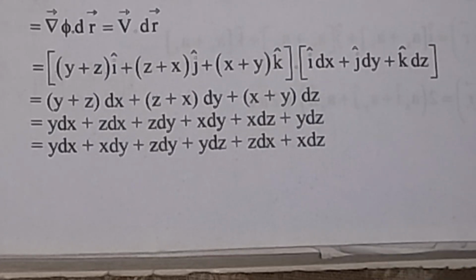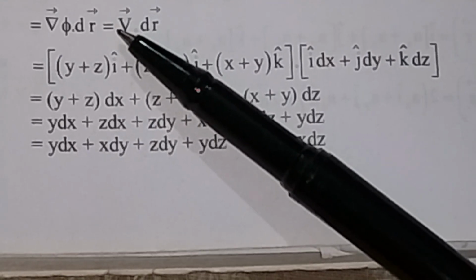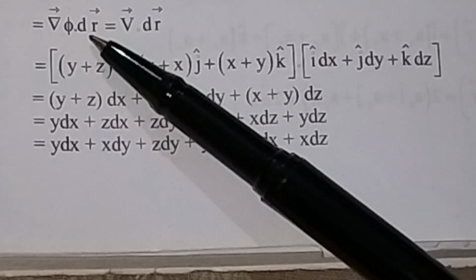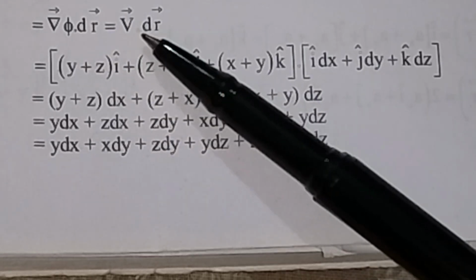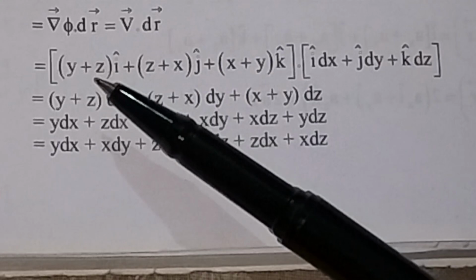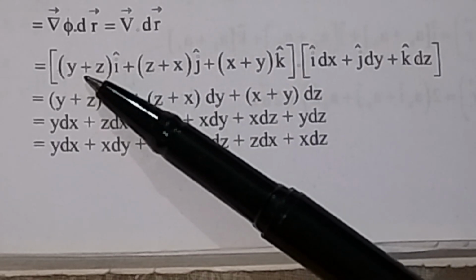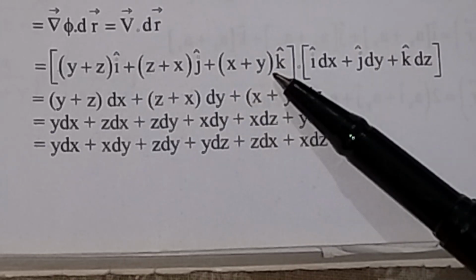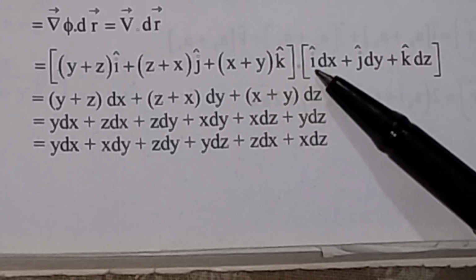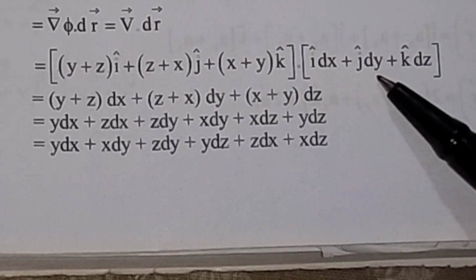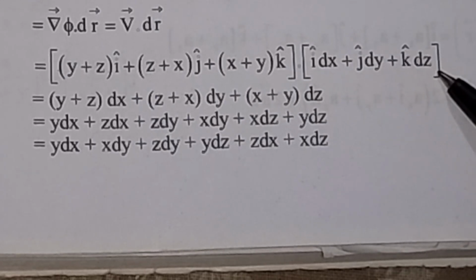To find the velocity potential function, let v equal to grad phi. So grad phi dot dr will be equal to v dot dr. Okay, then find out v dot dr. V is equal to, it is given, (y plus z) i cap plus (z plus x) j cap plus (x plus y) k cap, dotted with dr. Dr is equal to i cap dx plus j cap dy plus k cap dz.